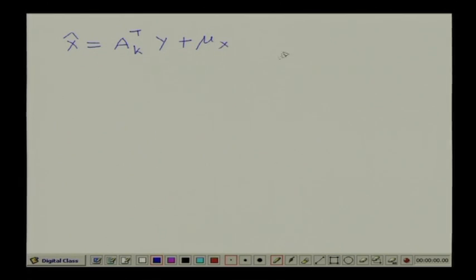Now, here you find that the A k matrix was of dimension k by n, and vector y was of dimension k.